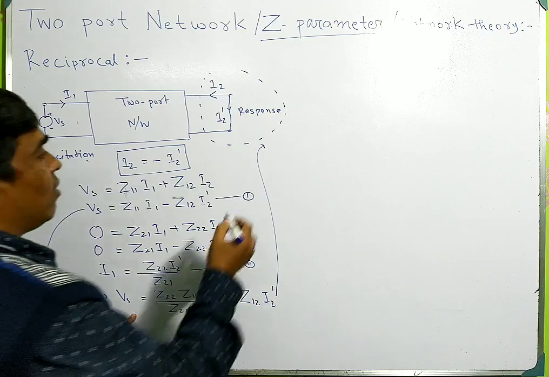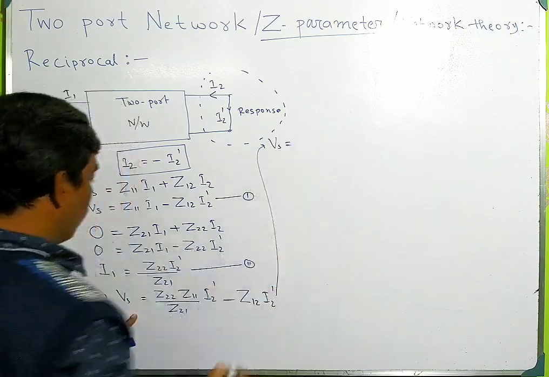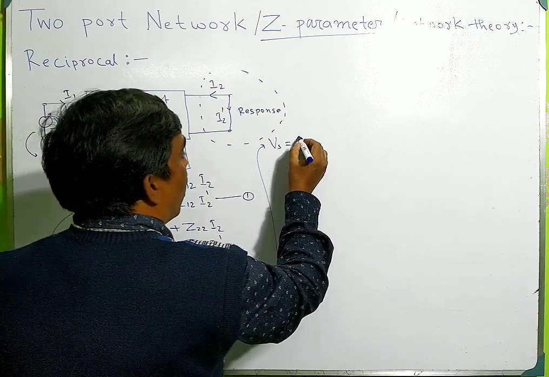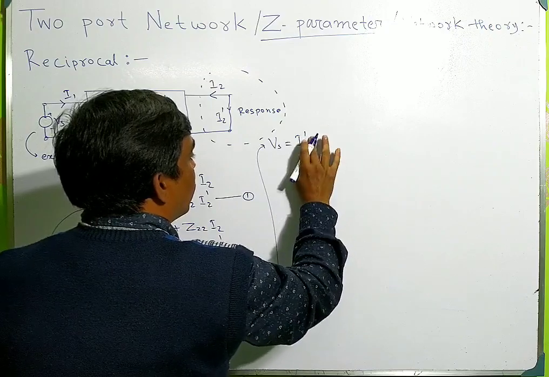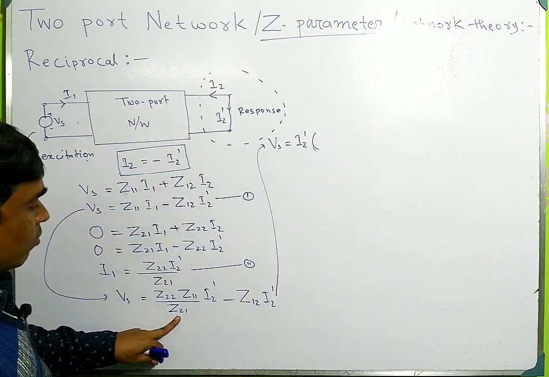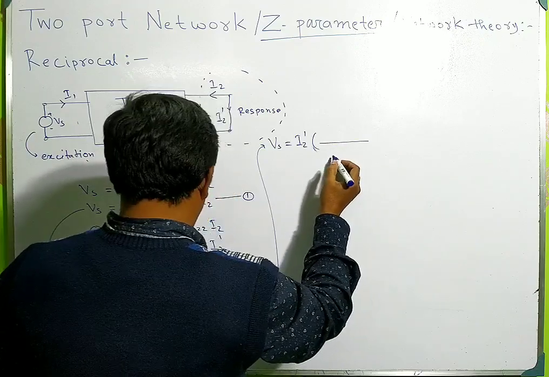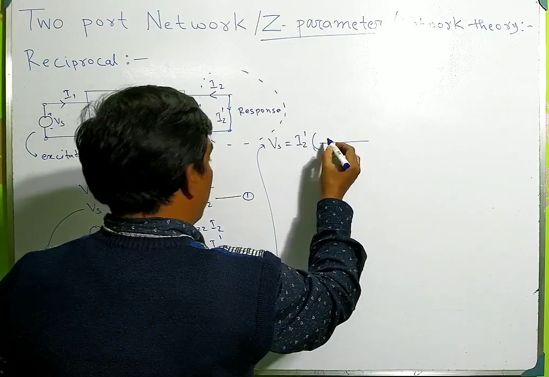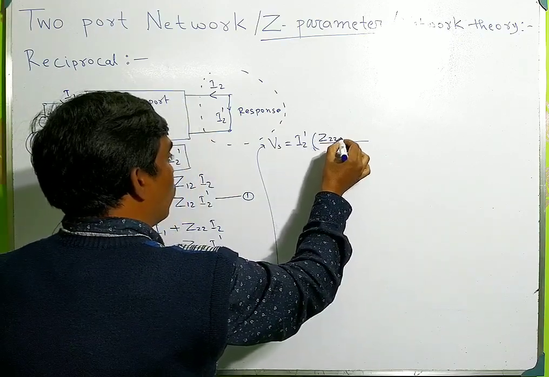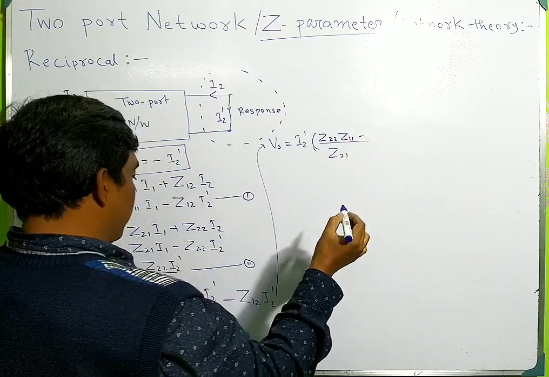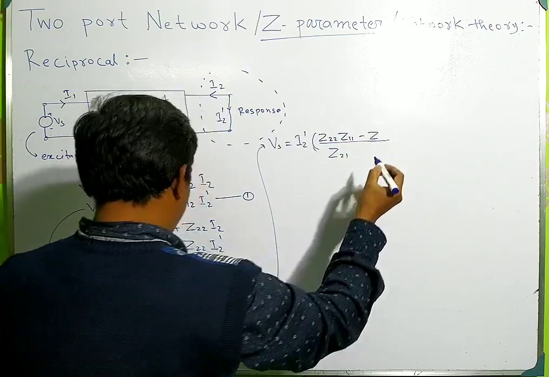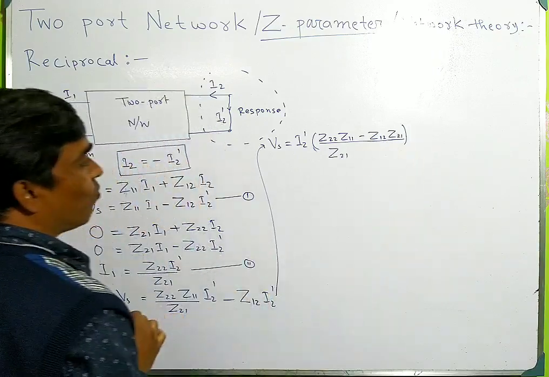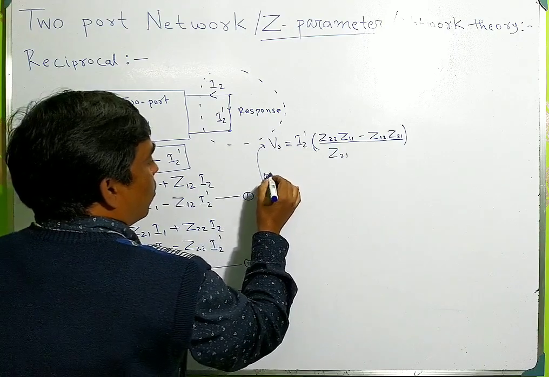I2 dash is common, so Vs equals I2 dash into the term (Z22 Z11 minus Z12 Z21) divided by Z21.